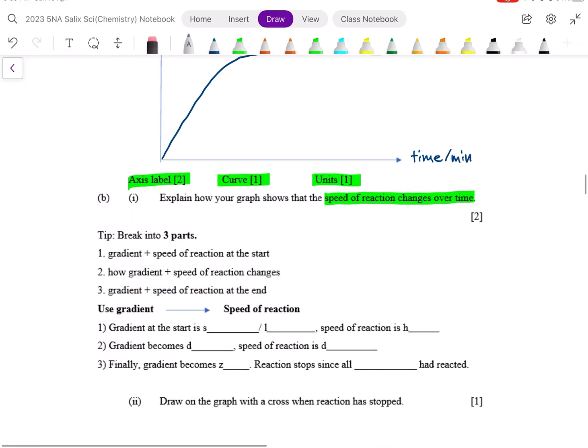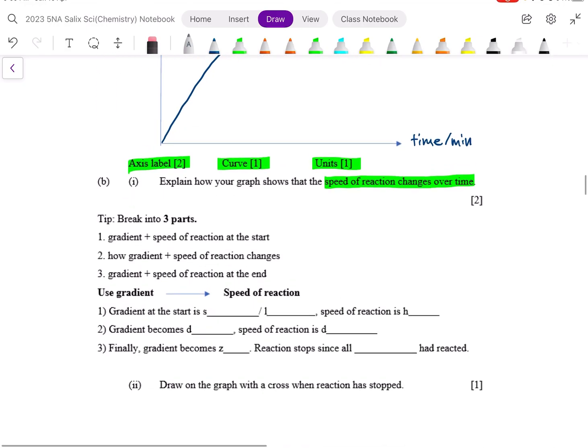The next thing is to explain how your graph shows that the speed of reaction changes with time. My tip is to break it down into 3 parts: always have the gradient and speed at the start, how it changes, and then use the gradient to link to speed of reaction. These are the 3 points I must include.